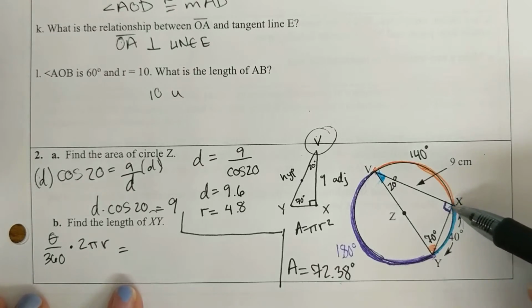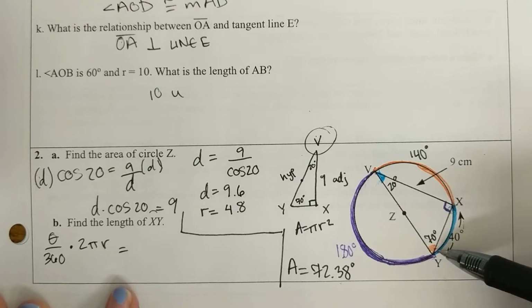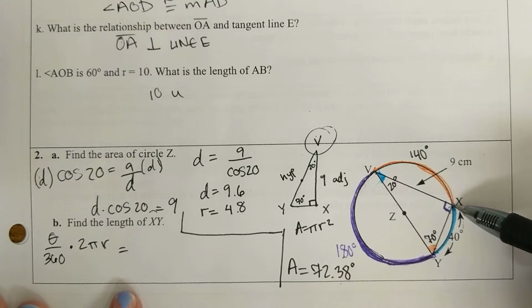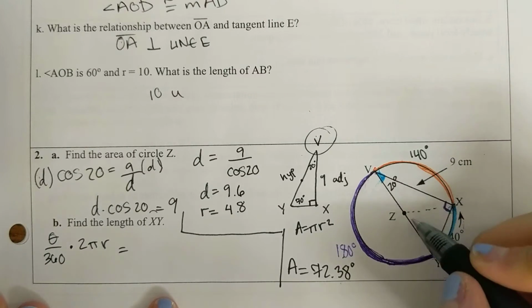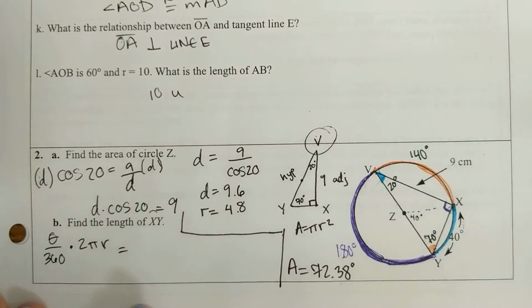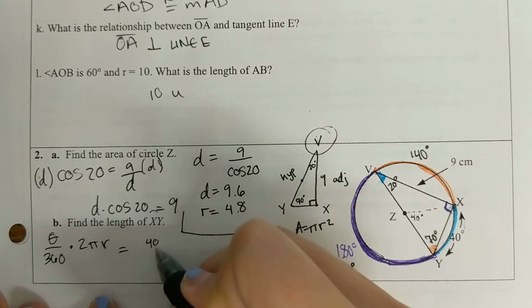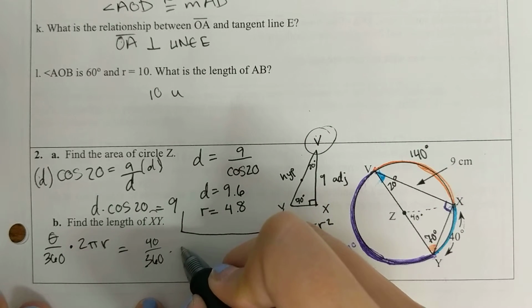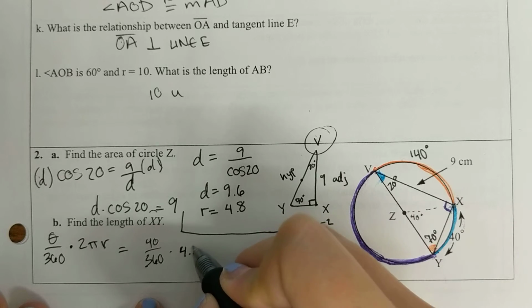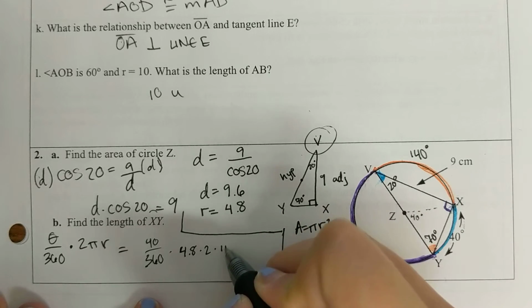XY. So the central angle that corresponds is also 40. So this should be 40 over 360 times 4.8 times 2 times pi.